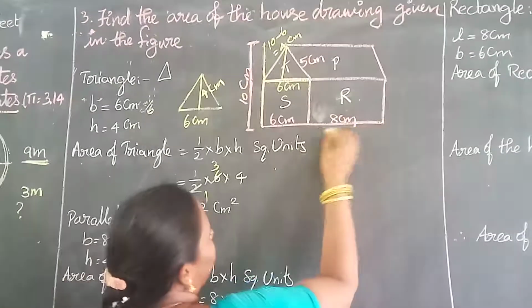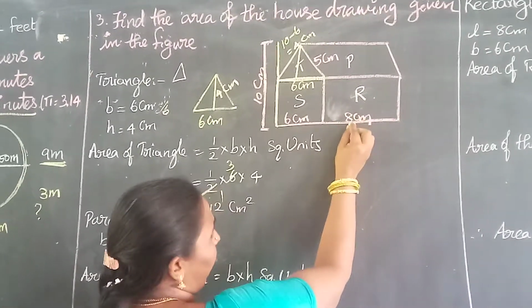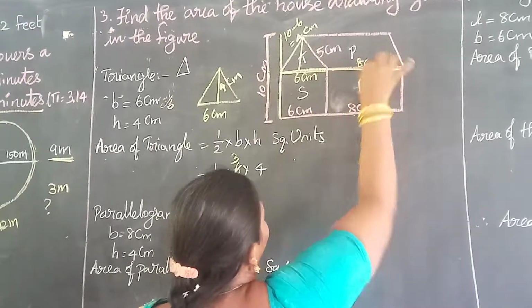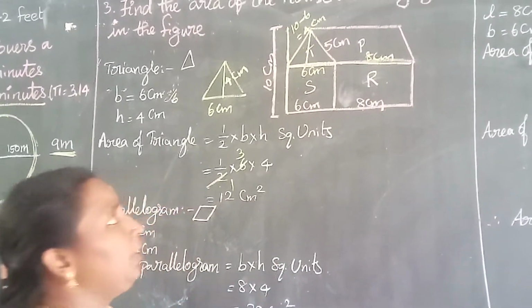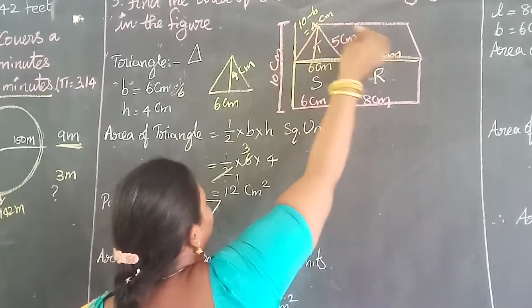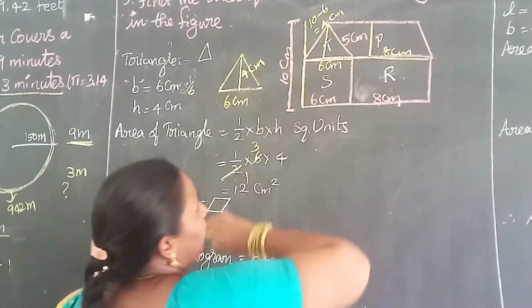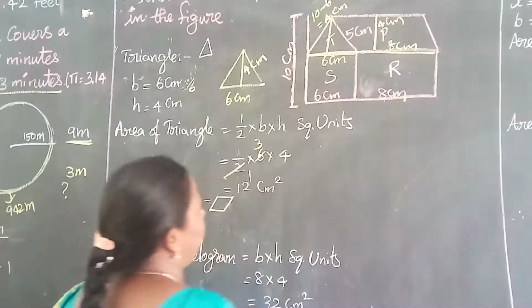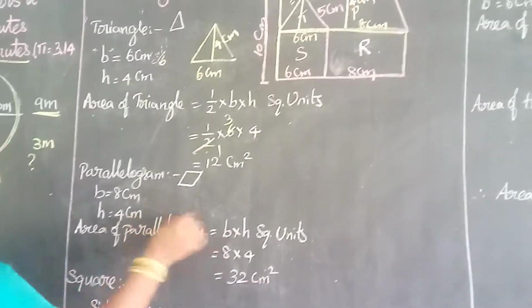Here this rectangle length they given is 8 centimeter. Definitely the base of the parallelogram should also be 8 centimeter. So what will be the height of this parallelogram? Here we found for the triangle 4, the same here also, the perpendicular distance, that is nothing but the height, is 4 centimeter.